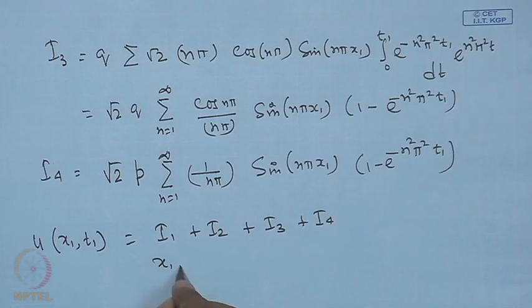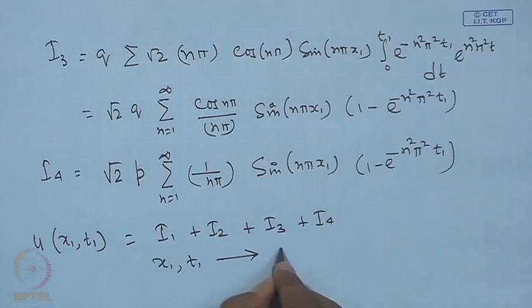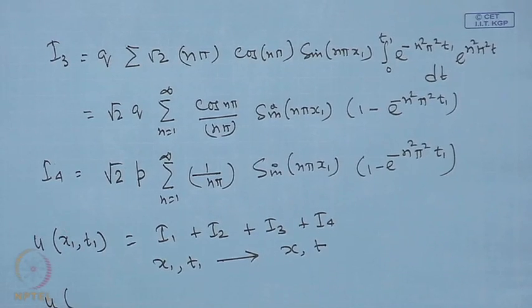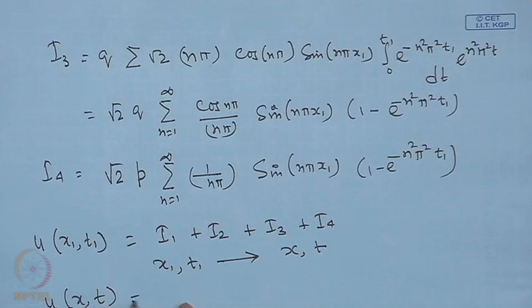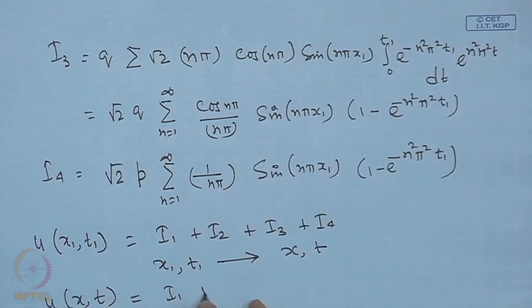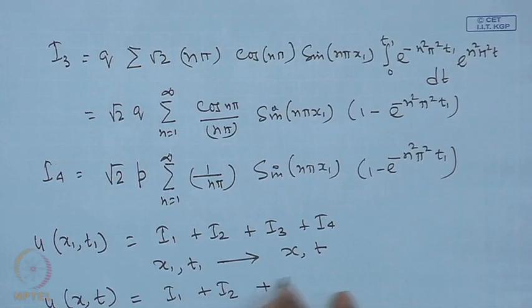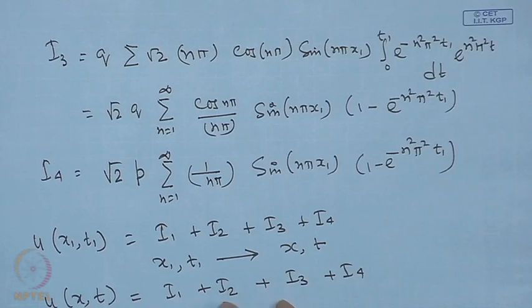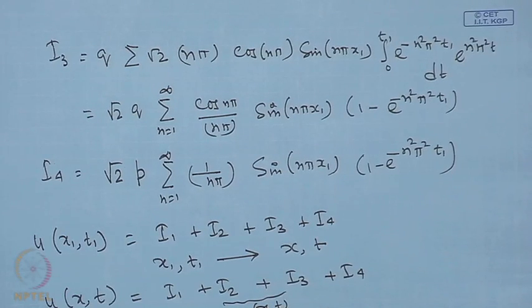Then we change the running variable x 1 t 1 into x and t on both the sides, and we will be getting the complete solution of u x t as I 1 plus I 2 plus I 3 plus I 4, which are functions of x and t, and you will be getting an analytical solution for this particular problem using Green's function method.